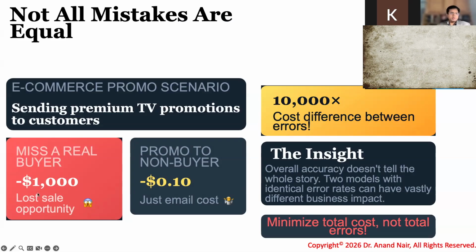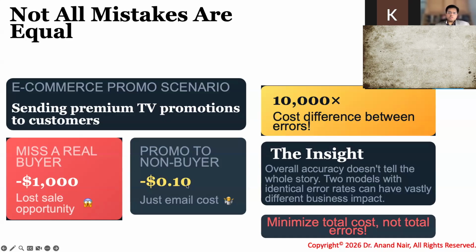So missing a real buyer is a lost sale opportunity of $1,000. On the other hand, sending a promotional mailer to this person will cost us about 10 cents. An email, for example, also has a cost attached to it. So there's a 10,000x difference between the two.